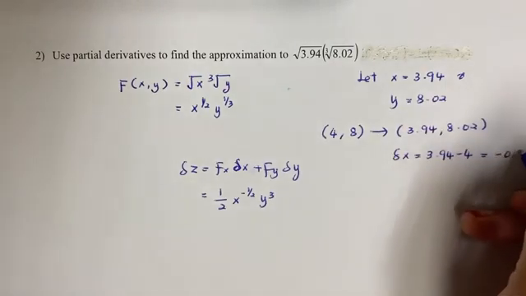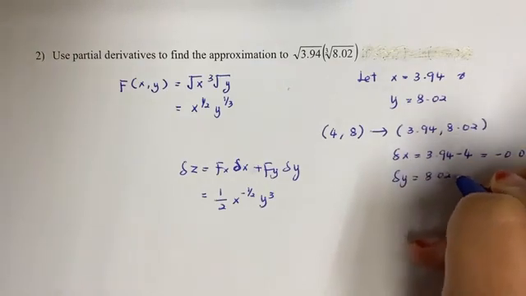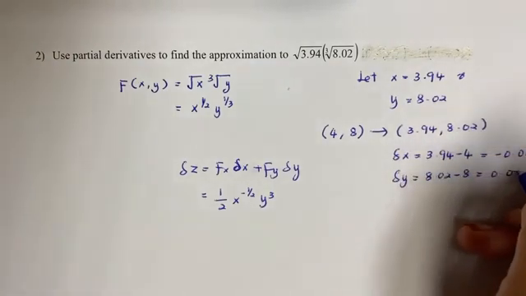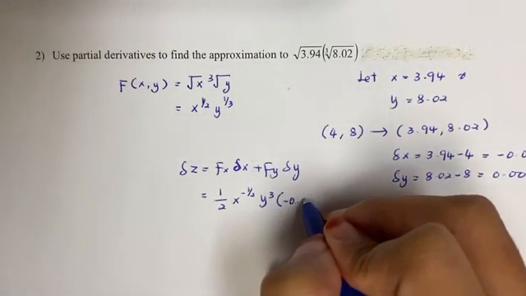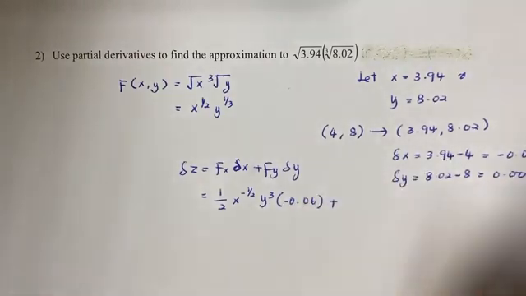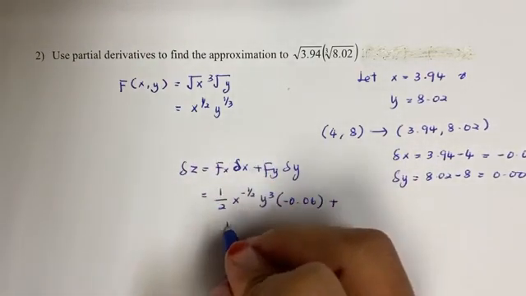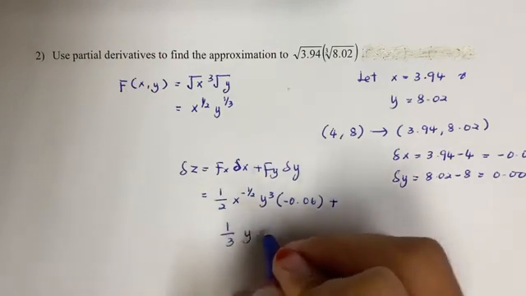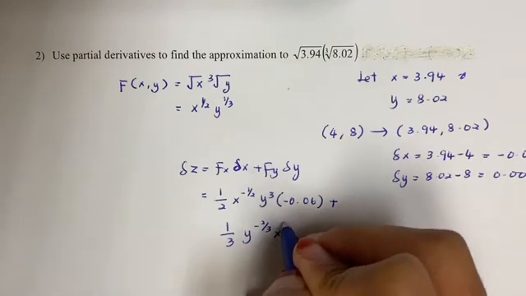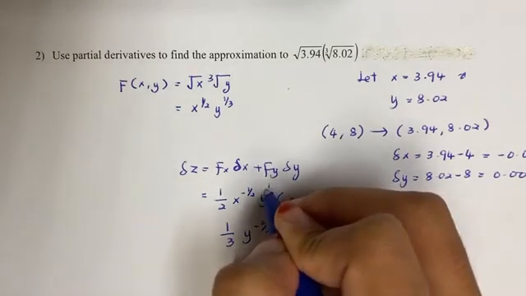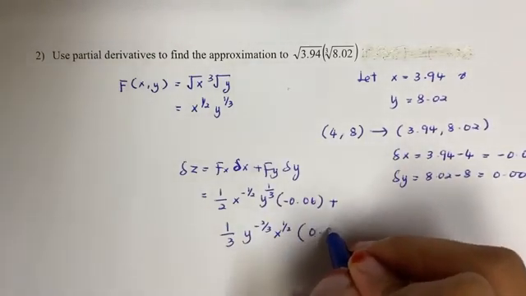So this is minus 0.06, while delta y is equal to 8.02 minus 8, equal to 0.02. So substitute delta x with minus 0.06 plus fy, which is 1 over 3 y to the power of minus 2 over 3, and x to the power of 1 over 2 remains. Multiply by delta y, which is 0.02.